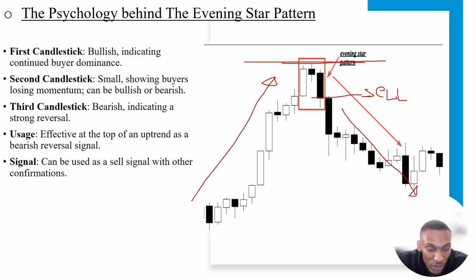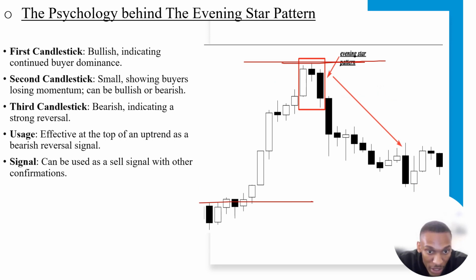And also, on the contrary, it can be used as an exit signal if you are in a buy. Say you are riding the trade, and now the market is near a resistance level, and then you get this evening star pattern.